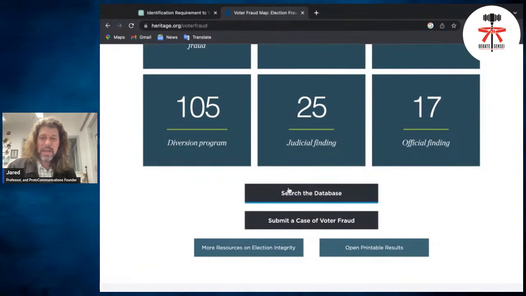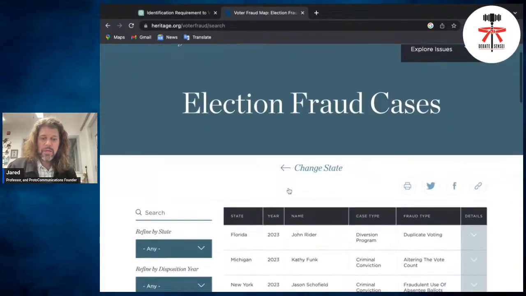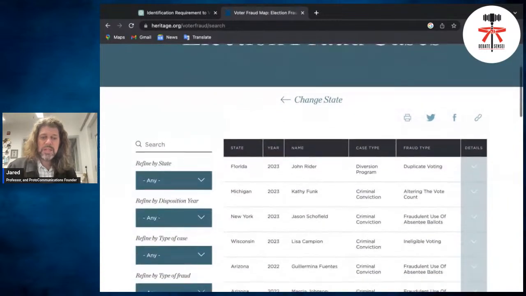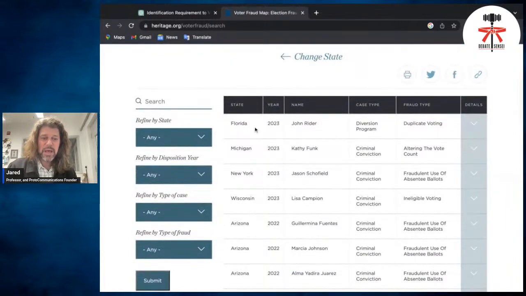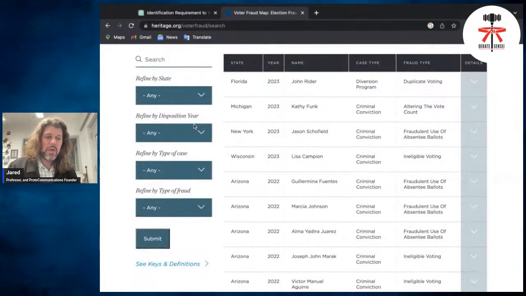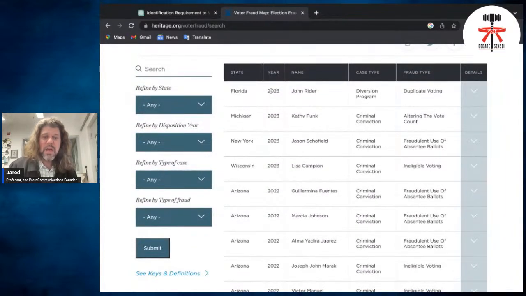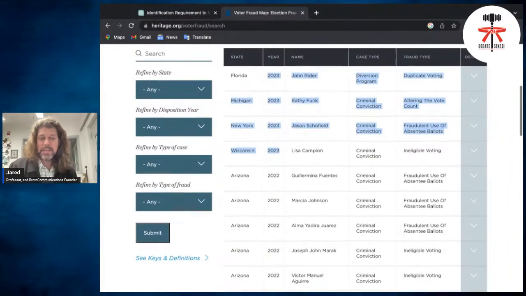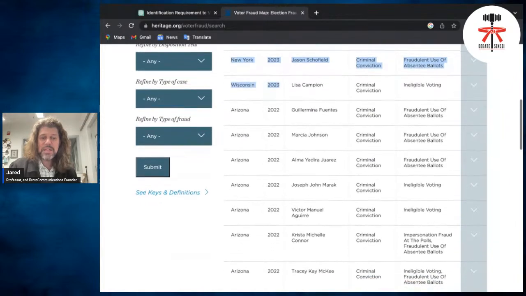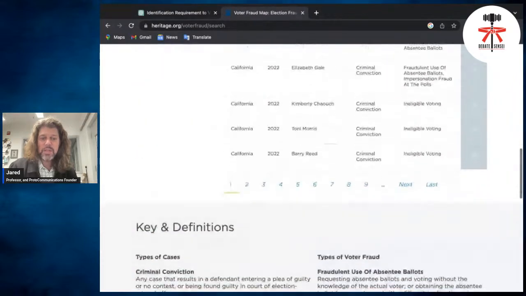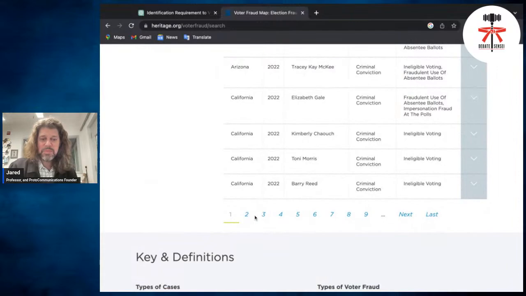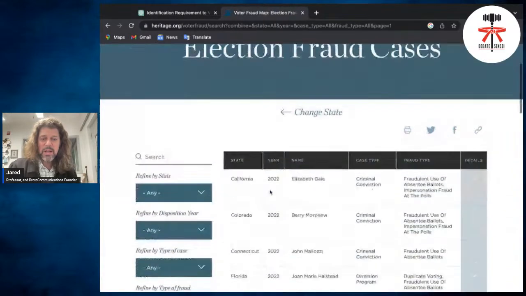If you go to the database right here, what you're seeing is that it has that running count, right? Let's take a look at how many years they've been collecting. For instance, look at proven cases of voter fraud in 2023, 4 cases. Proven cases of voter fraud in 2022, looks like there's at least 6, right?